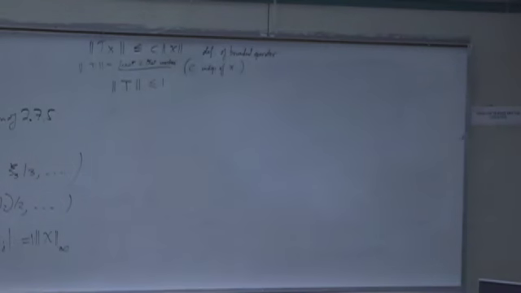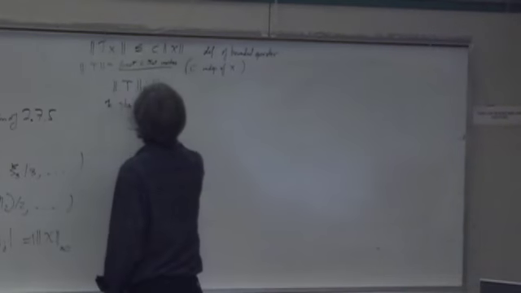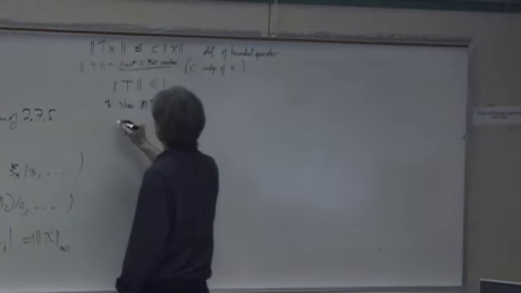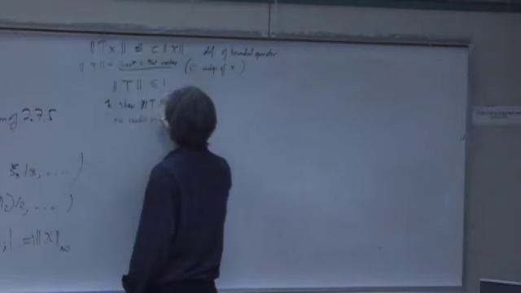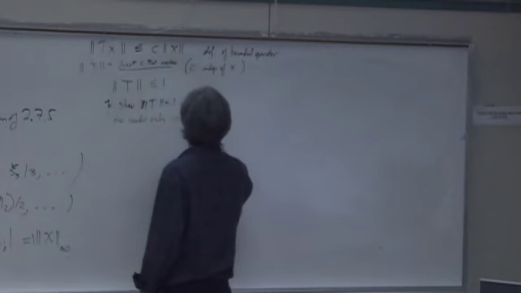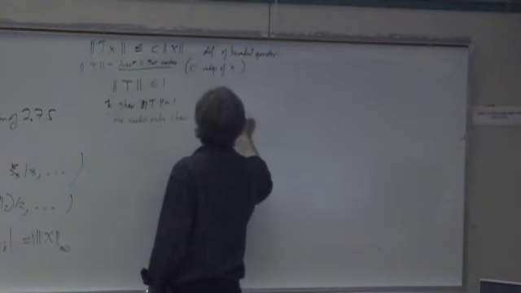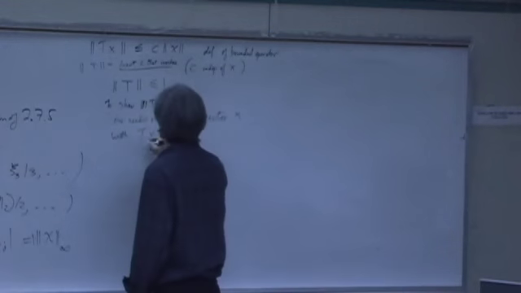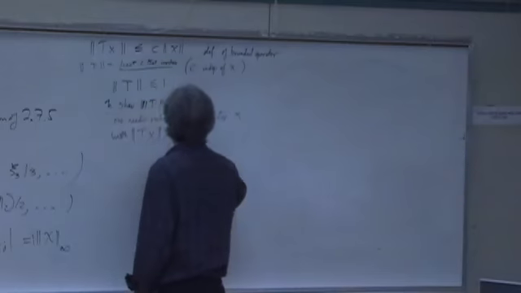If I just take the sequence with 1, so to show the norm of T equals 1, in fact, one needs only a counterexample. One needs only show a vector x with the norm of Tx equal to the norm of x.